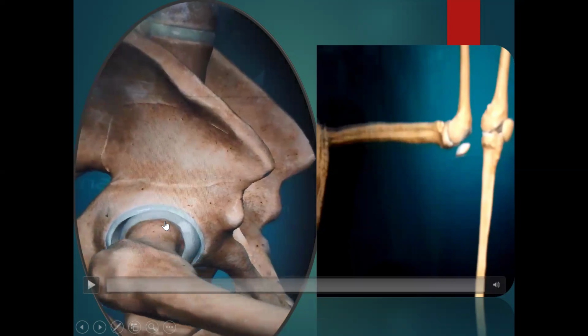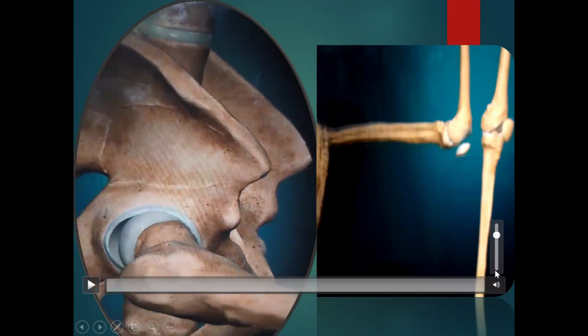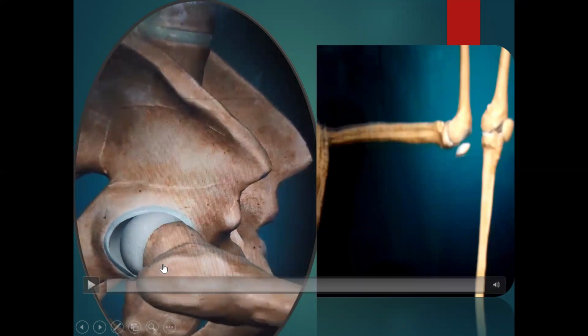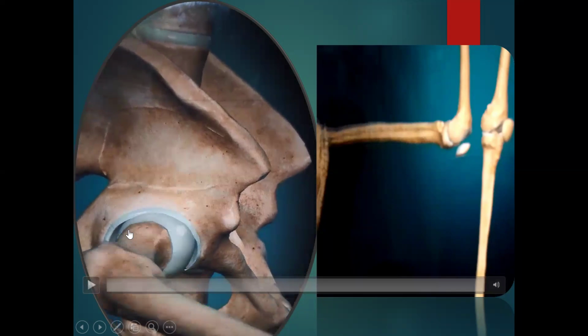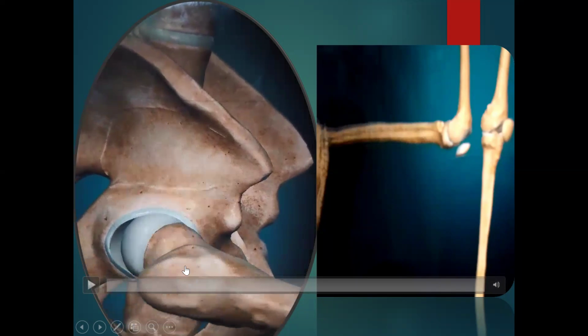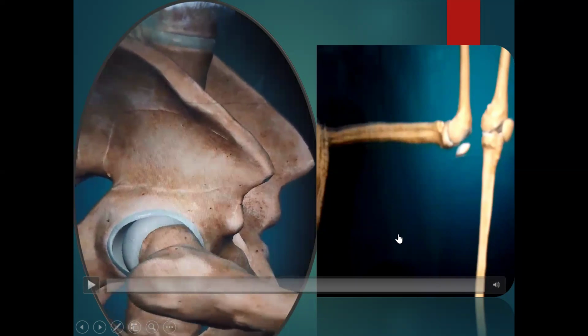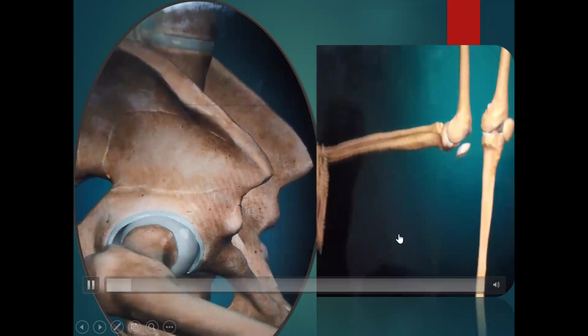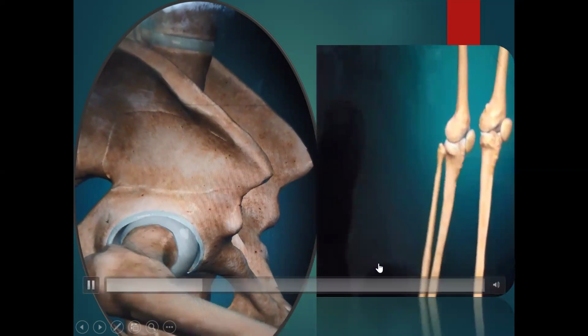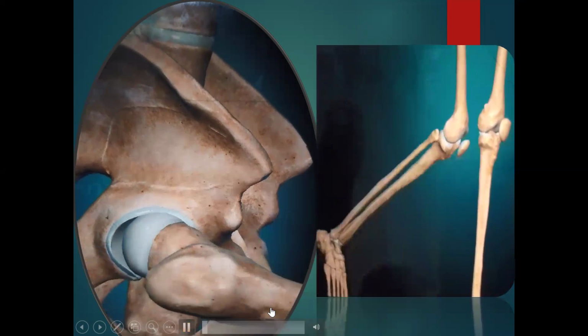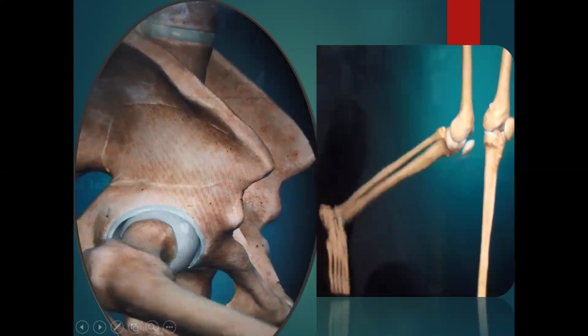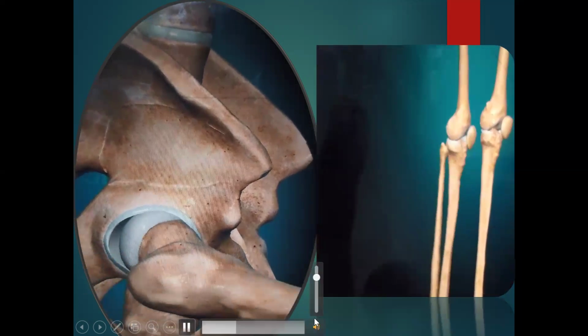Now look at how a healthy joint actually functions. See how it's moving freely without any hindrances. Someone will look at this, also see the joint moving very well without any hindrances.